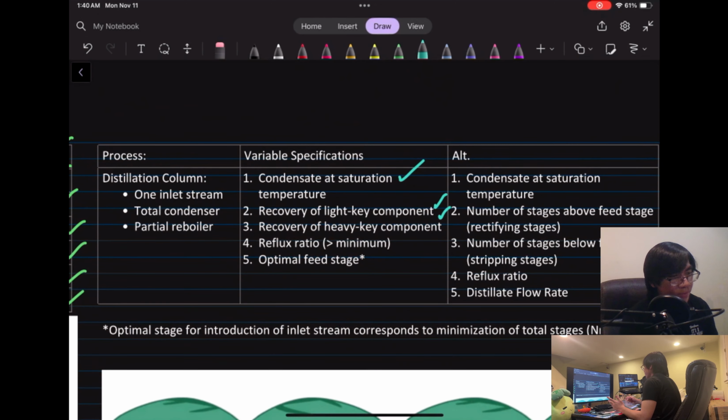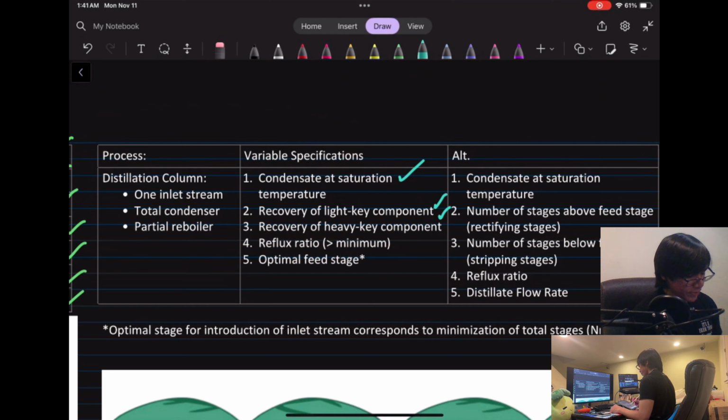Specifying the reflux ratio not only ensures that we have a way to relate to our boiler, but also, remember, with the minimum number of stages from the previous video, we're actually able to run our column. We know what our minimum reflux ratio is, so we usually go a little higher than that. I think I said 1.5 or something in my last video. And then the optimal feed stage.